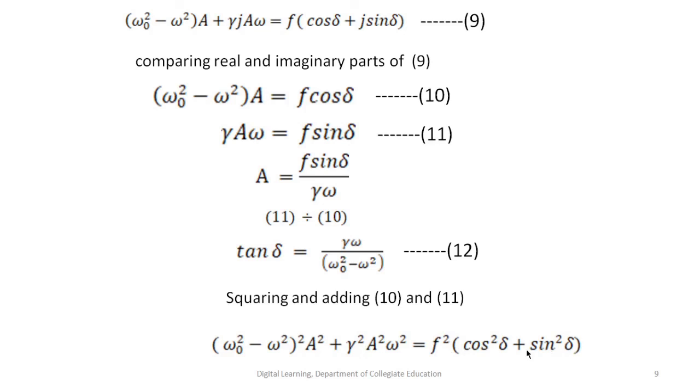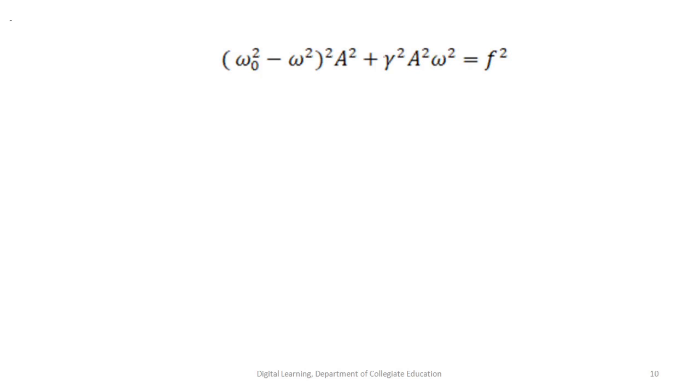In both terms f square is common, so we take f square outside. Then this becomes f square into cos square delta plus sin square delta, and cos square delta plus sin square delta is 1. So the left side is omega naught square minus omega square whole square into a square plus nu square a square omega square, equal to f square.